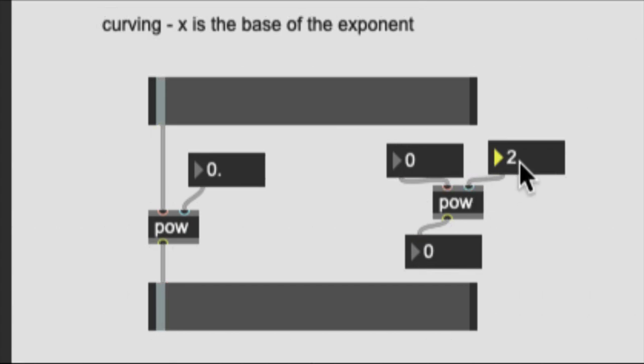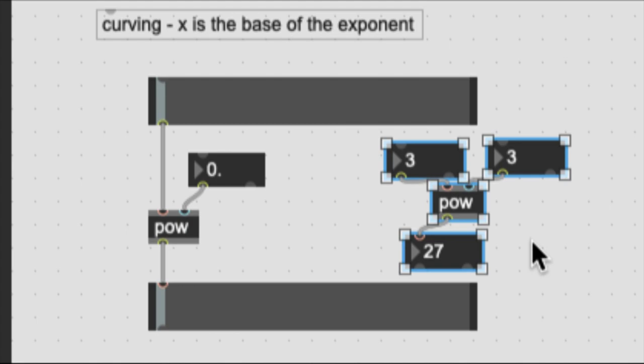Let's say 2 to the power of 2 is actually 2 times 2, that should be 4. Okay, 3 to the power of 2 is 3 times 3, it's 9. And then 3 to the power of 3, I have to re-trigger that, is 27. So 9 times 3 is 27. Okay, so this is the base, this is the exponent, and this is exponentiation.